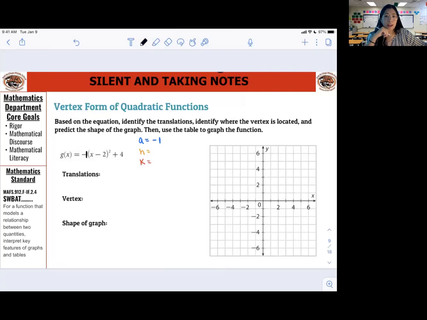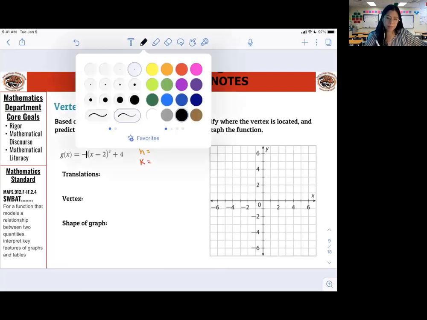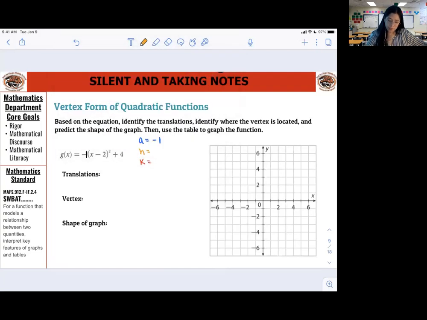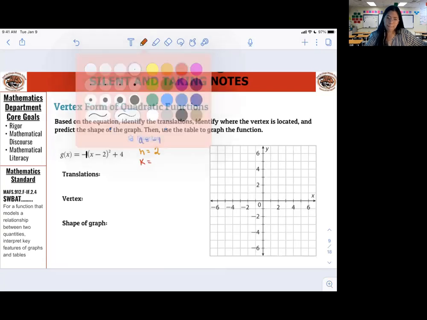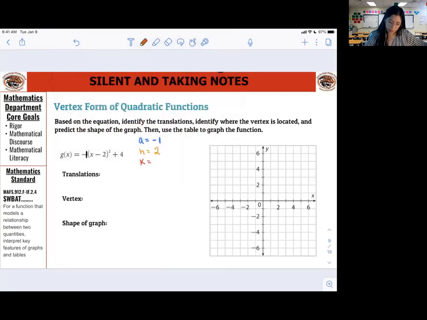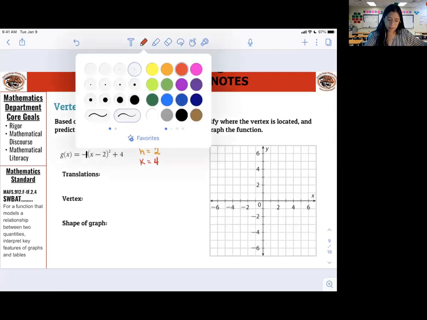Okay, so A is -1. What about H? H is 2, good. And K? Good, K is 4. All right, so the only one that was a little bit different this time is that value of A, but everything else still follows the same rules.